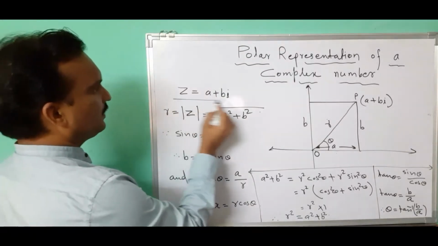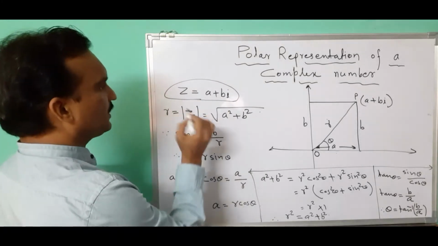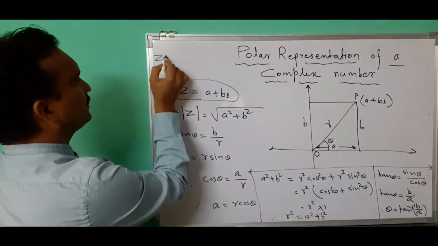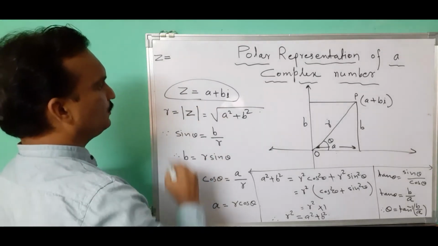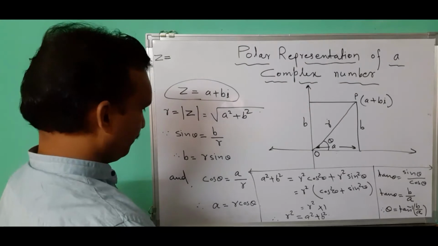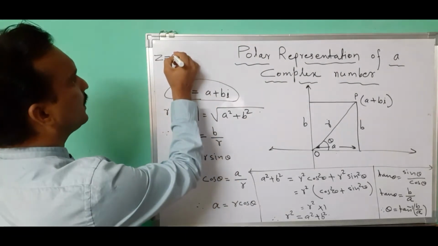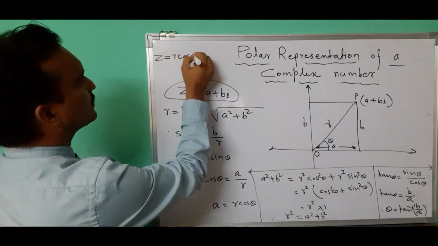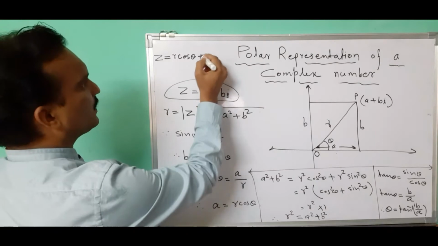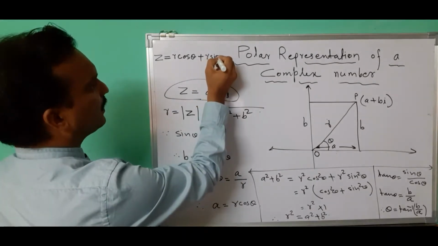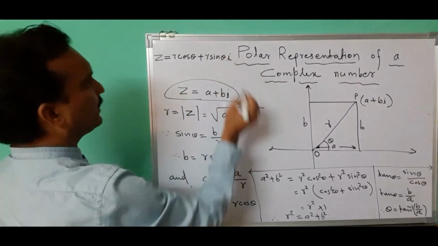So as you can see here, this is our complex number. Okay, so now this we can write as z is equal to a, what is a? r cos theta, plus what is b? r sin theta, r sin theta into i.